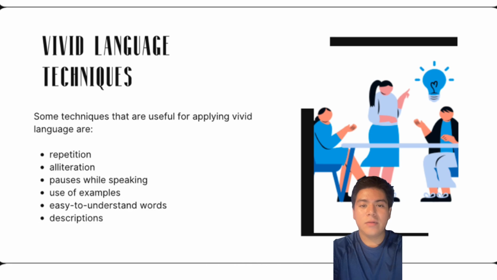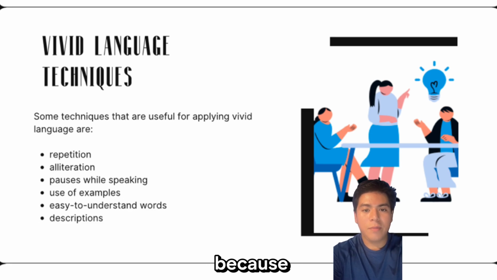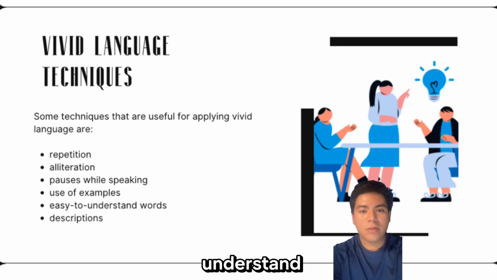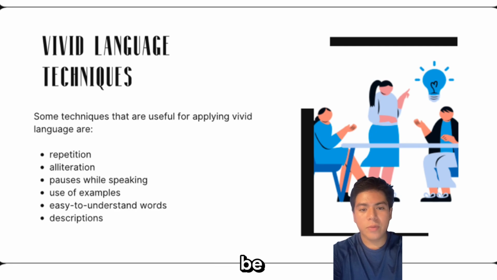Another technique is the use of examples, because examples help explain ideas more clearly and make communication easier to understand. Easy to understand words: using simple words is important because communication should be clear for everyone.